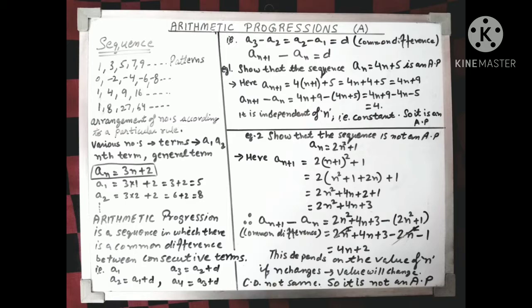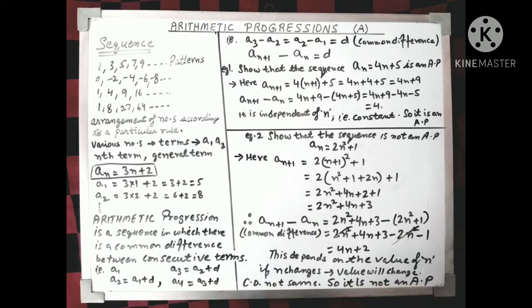We write a1, that is putting n equal to 1, we get a1 equal to 3 into 1 plus 2, that is 3 plus 2, 5. Similarly, for a2, the second term, n is equal to 2, 3 into 2 plus 2, that is 6 plus 2, 8. So we get the first term and the second term as 5 and 8.